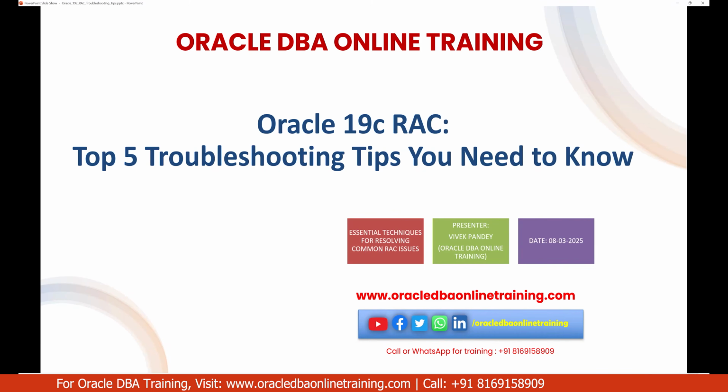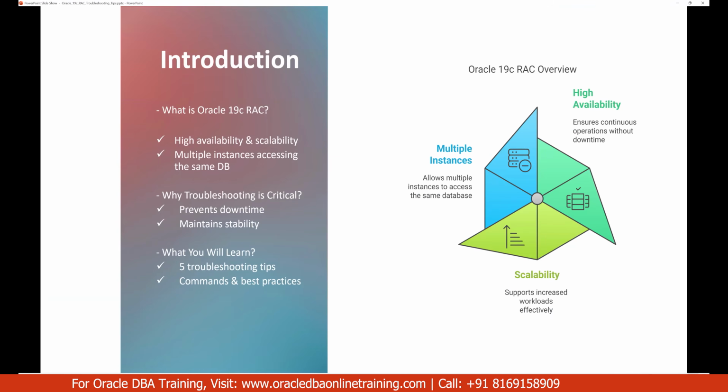today's agenda. Before we jump into the troubleshooting area, I would like to give a quick intro about what is Real Application Cluster, how it benefits, and what are the key things associated with it. If you have worked on a single instance database, you are already familiar: one database against one server, which means all the memory and database components rely only on one database.